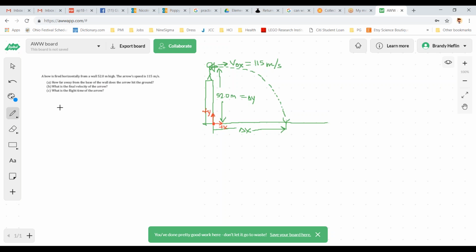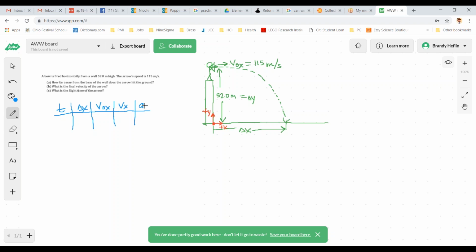So in our table, we're going to list across horizontally. We know we need t for time. Delta x is the change in horizontal position. V naught x is the initial horizontal velocity. Vx will be the final horizontal velocity.